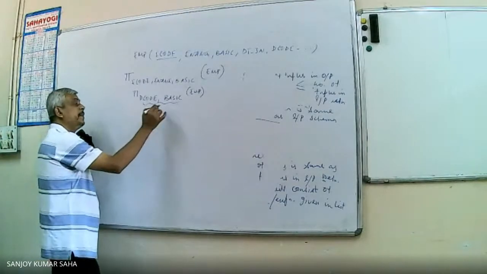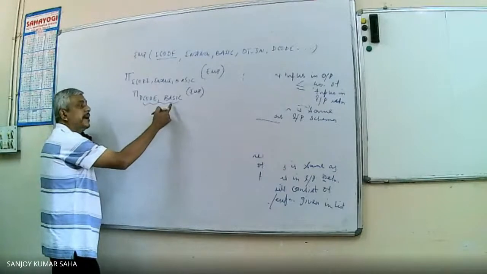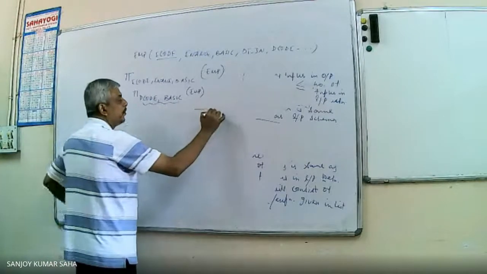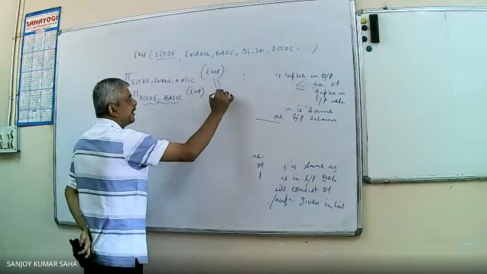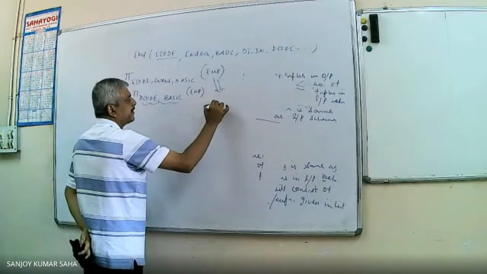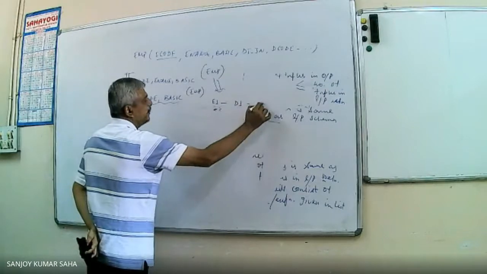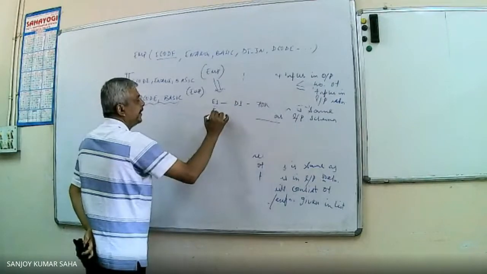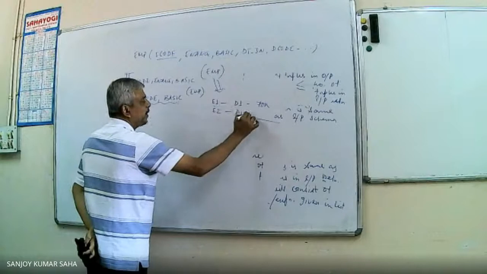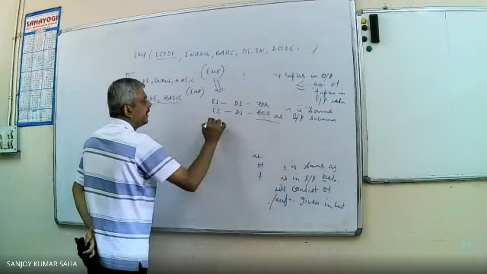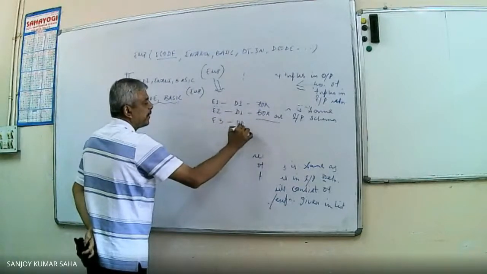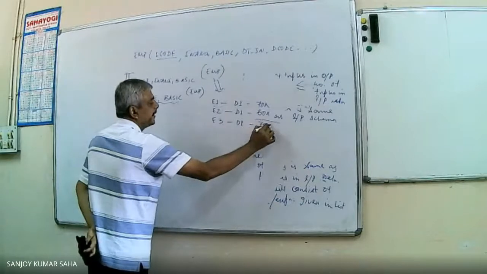In the same department, a number of persons may have the same basic. So in the original employee table, say we have employee E1, department D1, 70K, employee E2, department D1, 80K, employee E3, department D1, 70K.